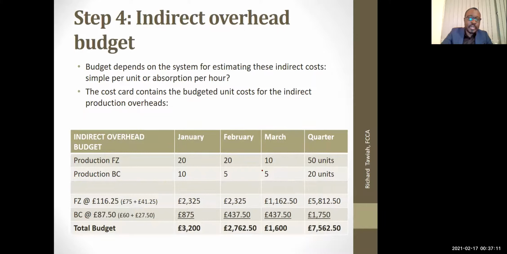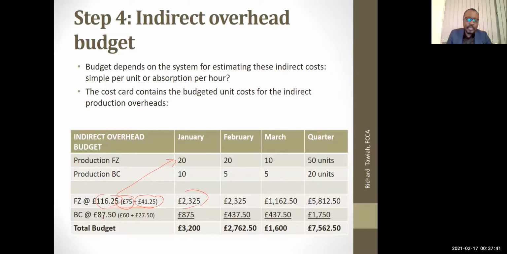Quite easy and straightforward. Now we deal with the indirect overhead. We pick the figures from the data set that we had. Remember, there were two departments, Department 1 and Department 2. These were the overheads we computed using our absorption costing method. When we add these two, we get this for Flying Z. If the units we are producing for Flying Z is 20, then 116.25 times 20 gives us this amount.